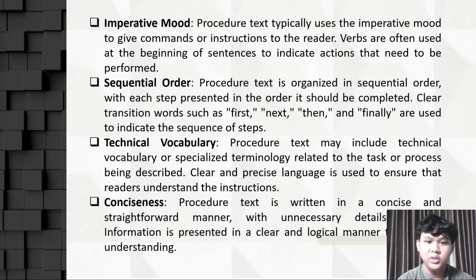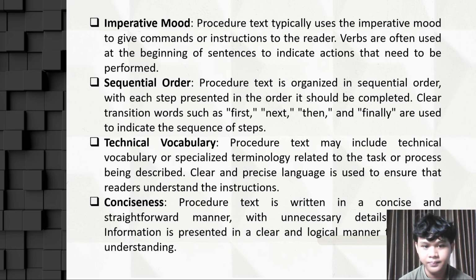Number 2, sequential order. Procedure text is organized in sequential order, with each step presented in the order it should be completed. Clear transition words such as first, next, then, and finally are used to indicate the sequence of steps.